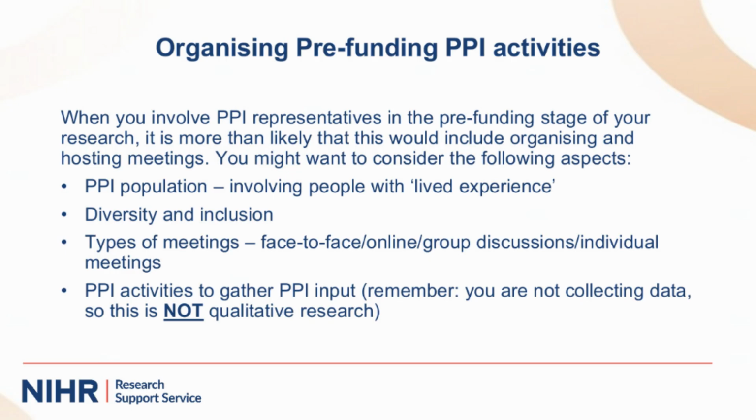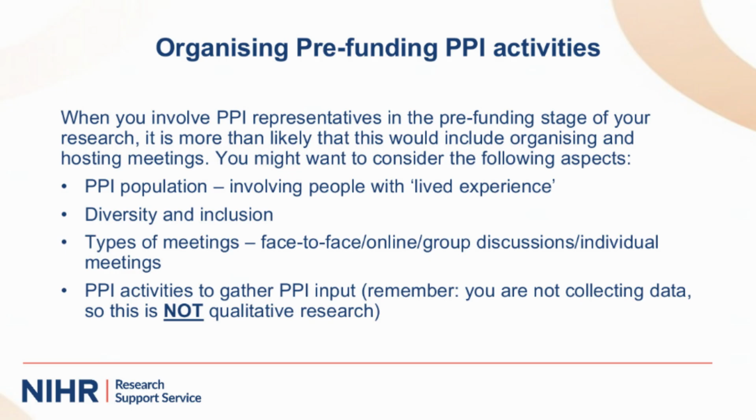In terms of types of meeting, you could offer group discussions to encourage shared perspectives and dialogue, or you could also offer individual meetings to allow people more personal, in-depth input. In terms of your PPI population, you should aim to involve people with lived experience relevant to your research topic.